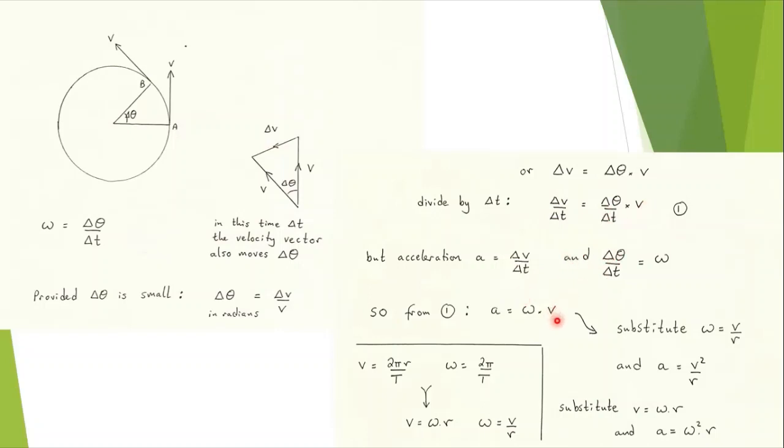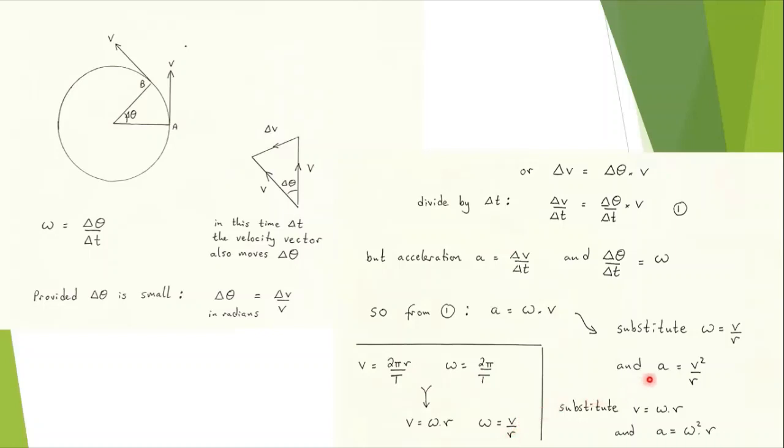Now, we'd already established that omega was v over r. Well, we can see that from here. v equals 2 pi r over T, omega is 2 pi over T. So v equals omega r, or omega equals v over r.